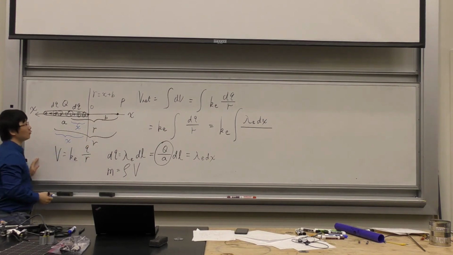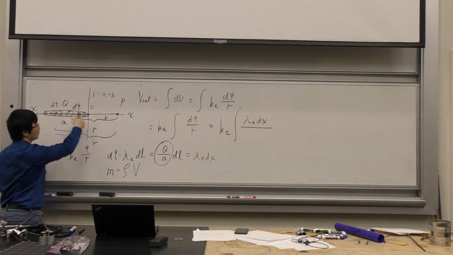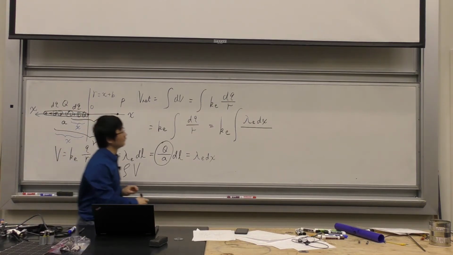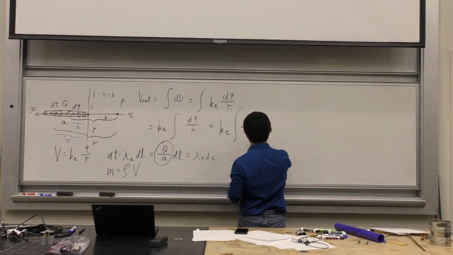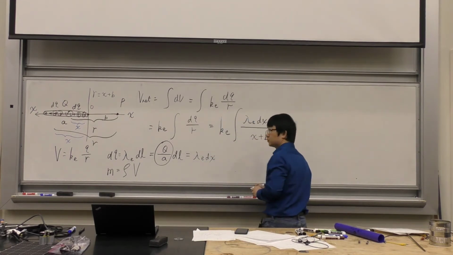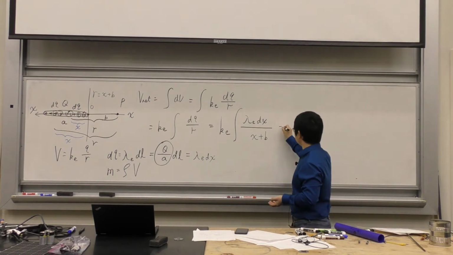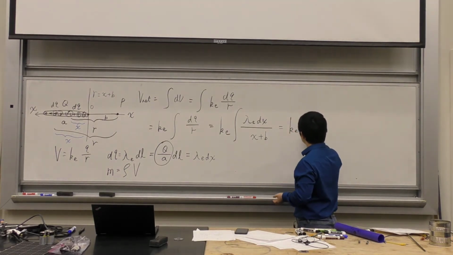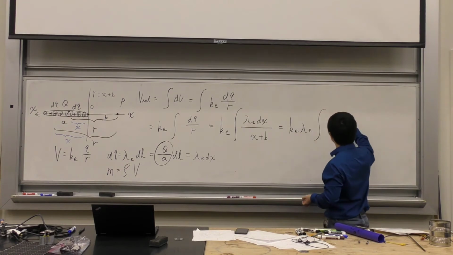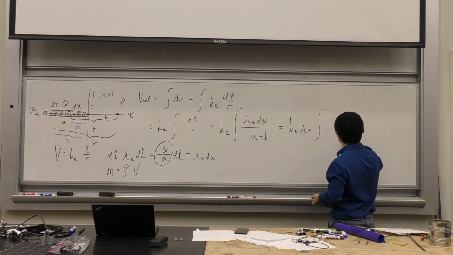So that's how I write r in terms of x, if this is the coordinate system I set up. Nice. So I'm just going to write down r as x plus b. Now I'm ready, right? So I only have dx over x plus b.